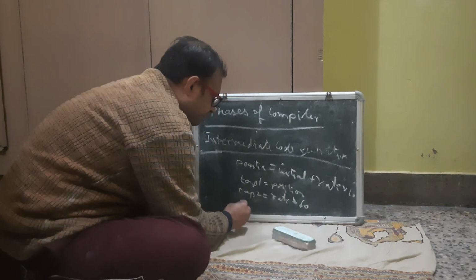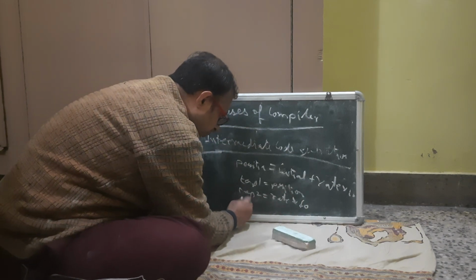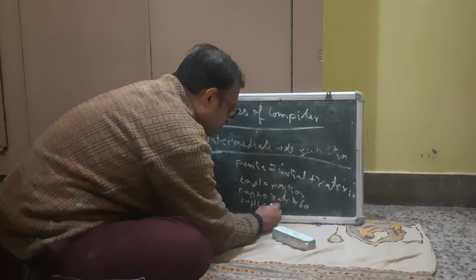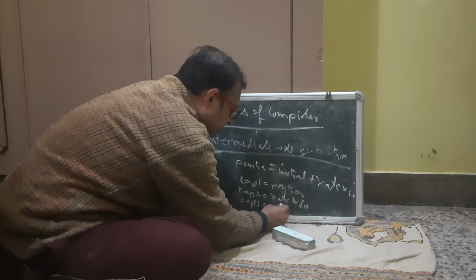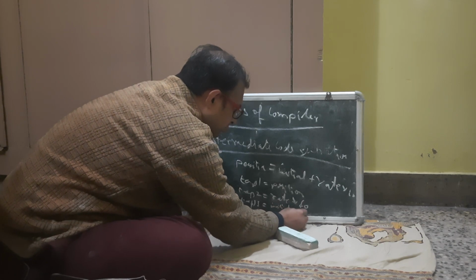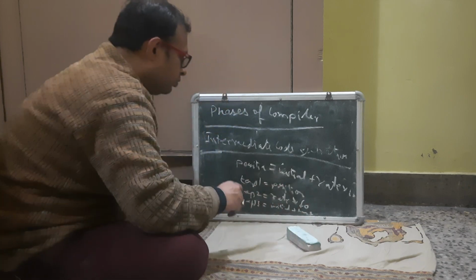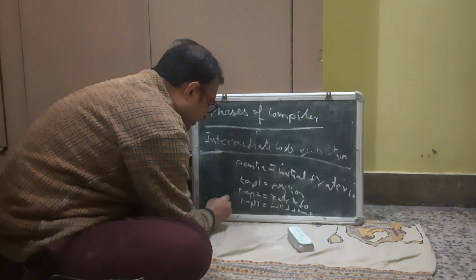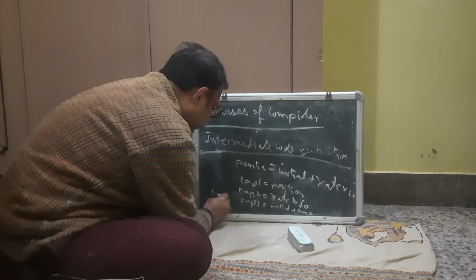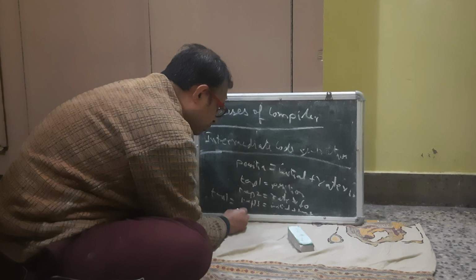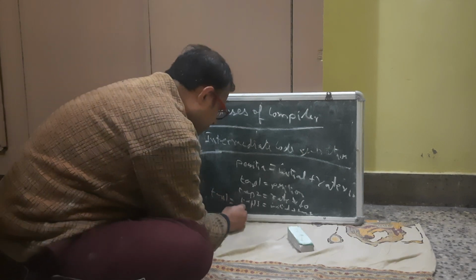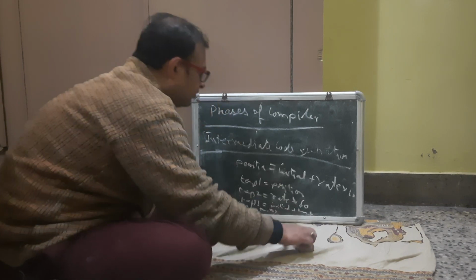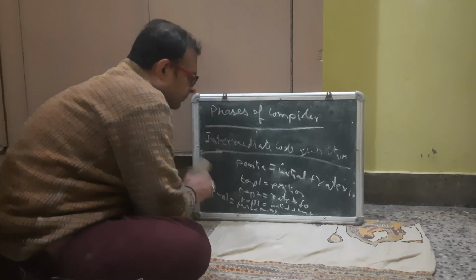Okay, and then temp3 equals to initial plus temp2, and then we write temp1 equals to temp2 plus temp3. So this is the intermediate code.